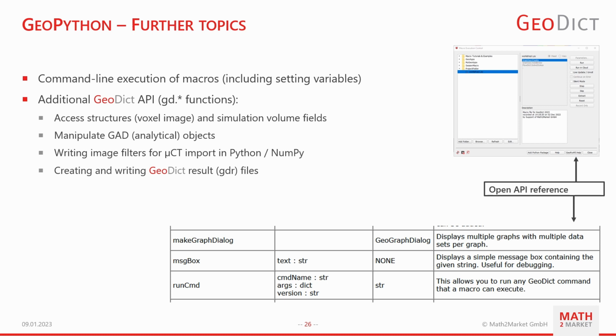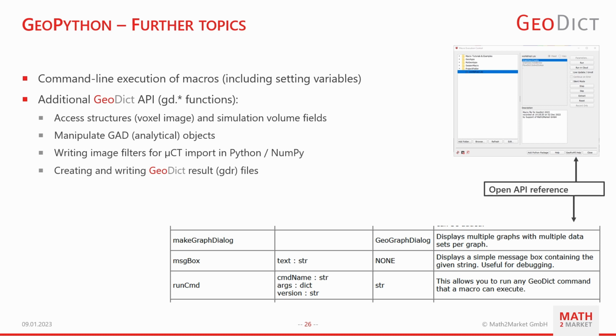These APIs allow you, for example, to access the structure itself, to access the voxel image, and the simulation volume fields. So, for example, the velocity vectors or the absolute velocity in a volume field, and it does so with relatively high performance because you get access via NumPy arrays, which allow you to quickly do computations on these images. You can also manipulate GeoObjects, as we call them, which are the analytical objects.